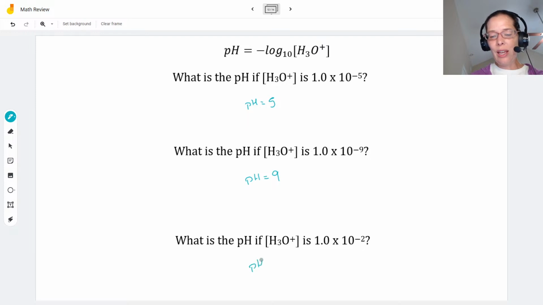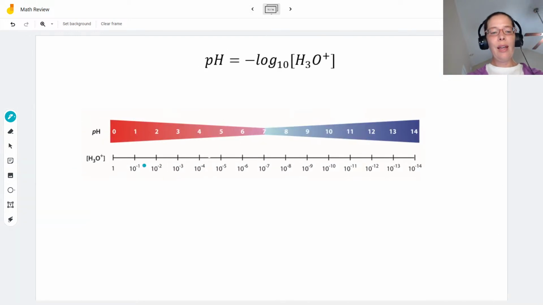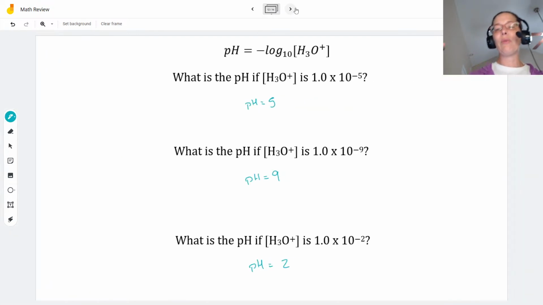Our pH is 2. So all that I've done is put it in a little different form, but really, if I can go back, you can see I'm just pulling from this scale here. Just to reiterate that this is a logarithmic scale, so we're looking at exponents.